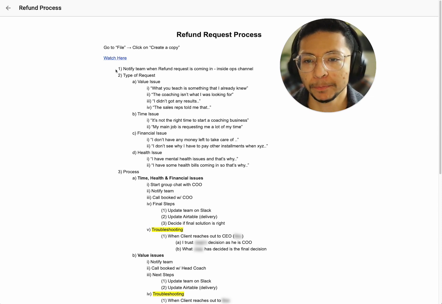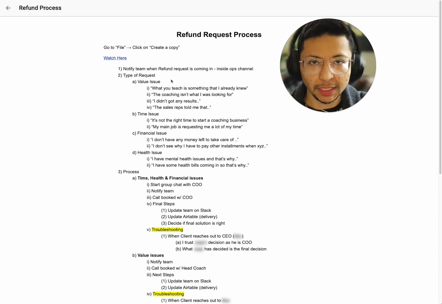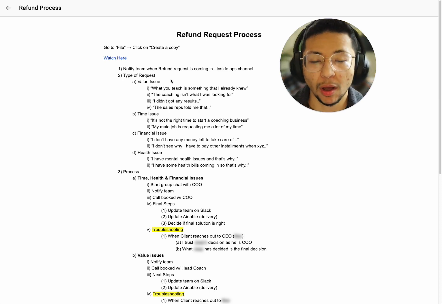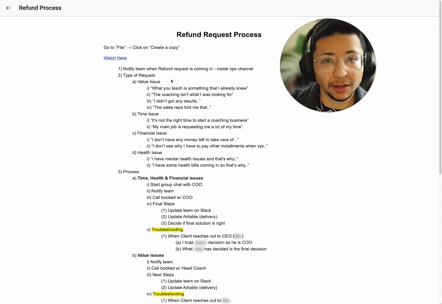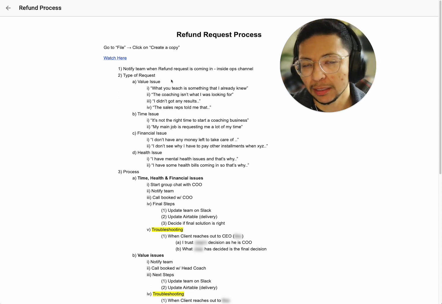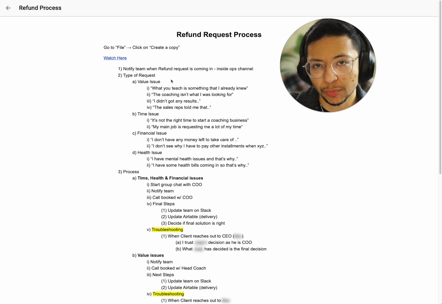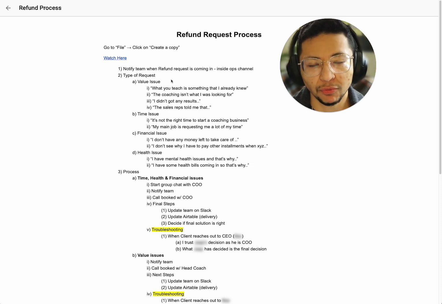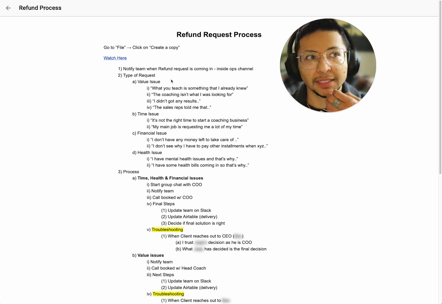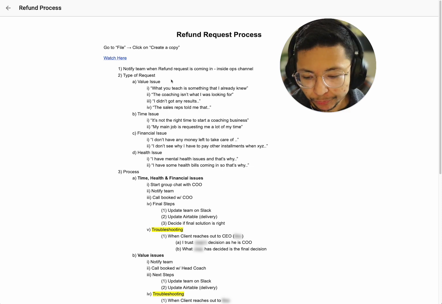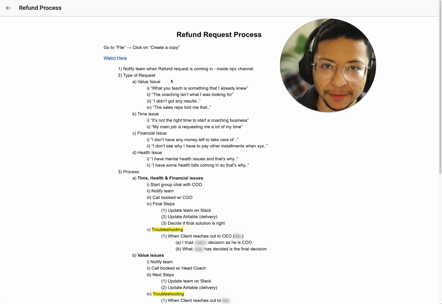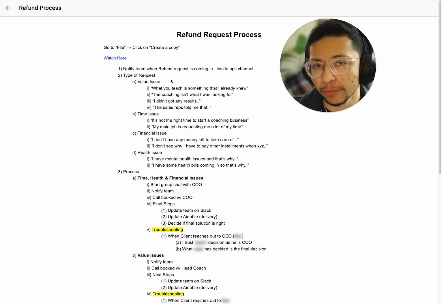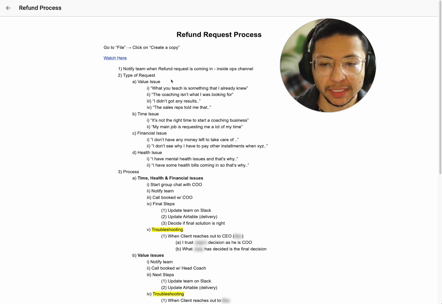Now, number one, you would notify your team, whoever is operating in terms of delivery or taking care of fulfillment. They're likely also handling client complaints, or when customers are dissatisfied or feel unhappy for some reason, whether there is a value issue, then they can solve it up front in order to get that person to reinvest, or be willing to finish paying, or be willing to show up for themselves and just implement fully and take action.